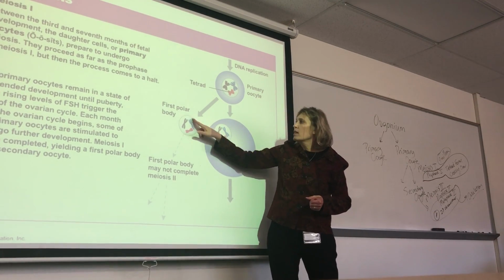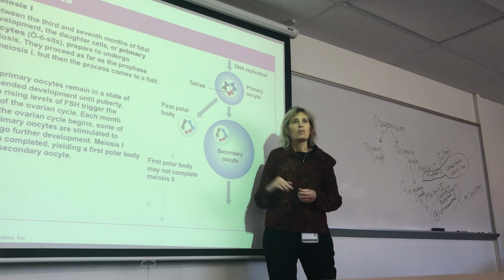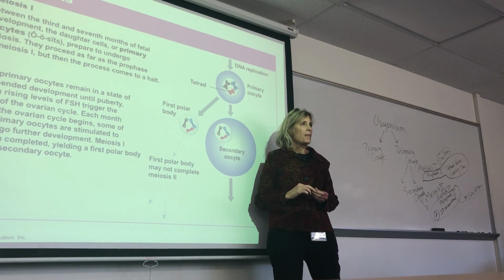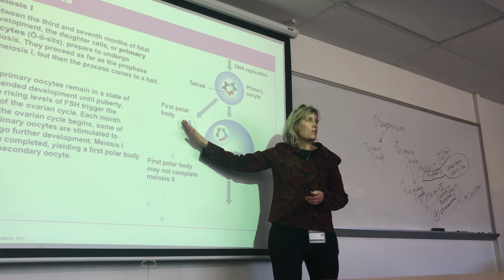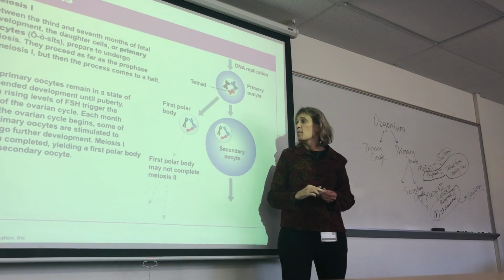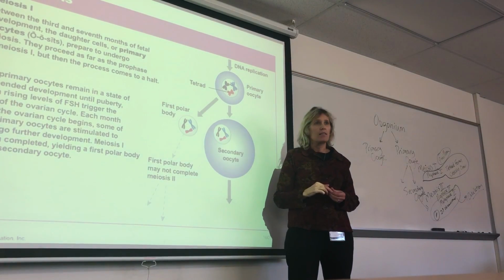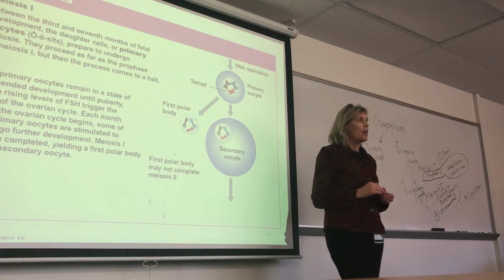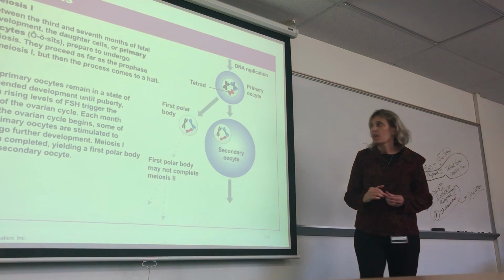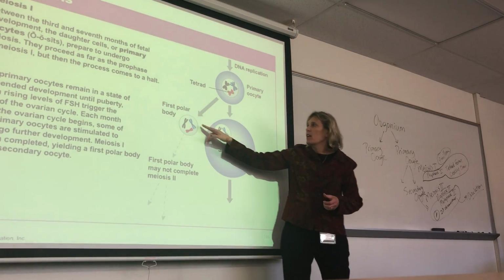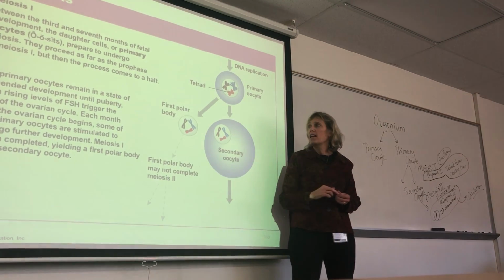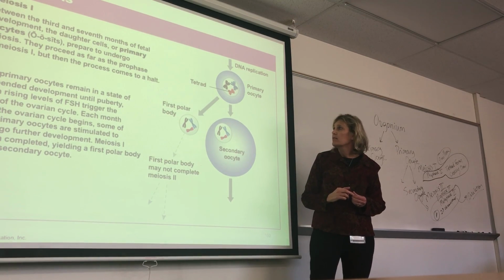The other one is just a nucleus, right? No cytoplasm. That means there's nothing for that sperm to burrow into. That means that first polar body cannot be fertilized. So we have the secondary oocyte that can be fertilized, and a first polar body that cannot be fertilized.